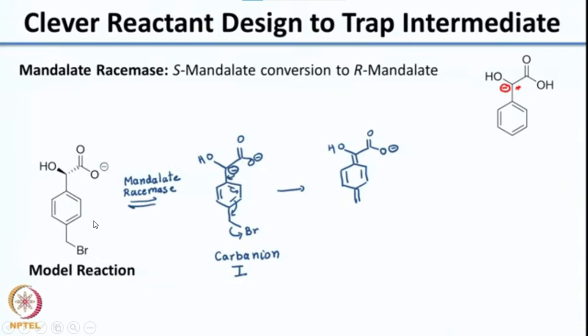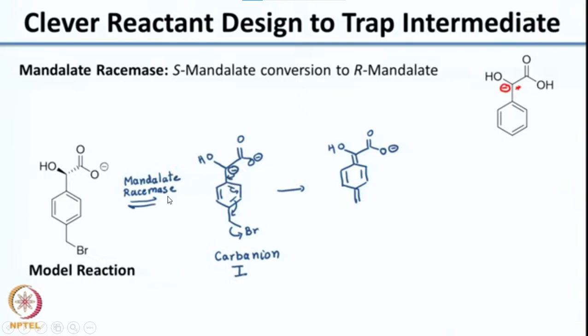This is a model reaction, and we have this S mandelate. You can see this bond is at the backside, right? Now we have to convert it to R mandelate. So first of all, what will happen? Racemization. Racemization will give an intermediate which will have a carbanion.